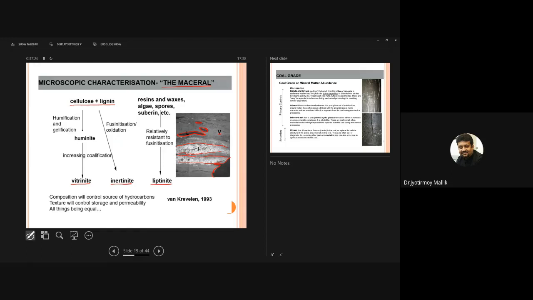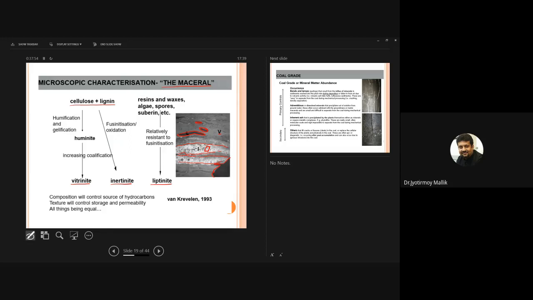And within that white stuff also, you can find some very, very bright white stuff. They are also inertinites. This semi-bright white stuff is the inertinite, the oxidized product of cellulose and lignin. That also forms the ash.